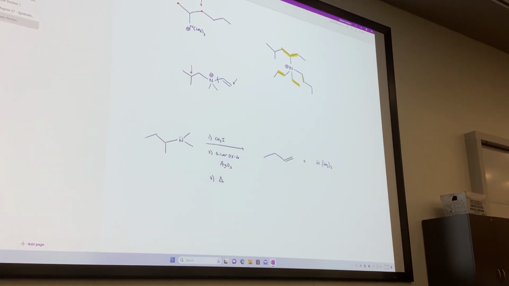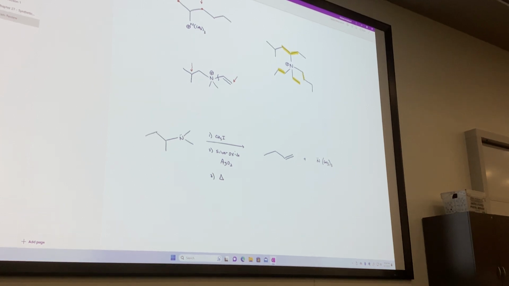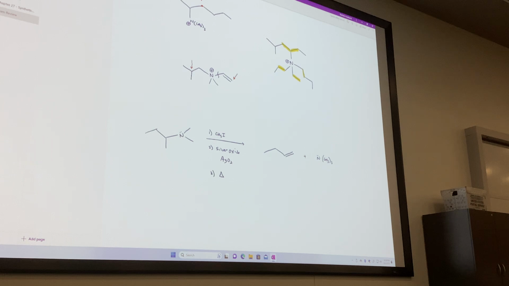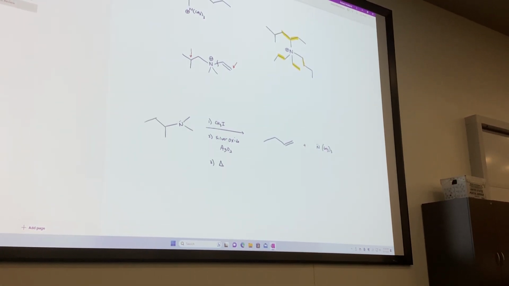If you just had silver oxide, water, and then heat as the second step after the methyl iodide, would that technically be wrong? Now, what are you saying? Oh, you put heat in there, or is heat technically in and of itself the third step? Heat is the last. After that silver oxide has done the anion exchange, we heat in order to cause the elimination, essentially.